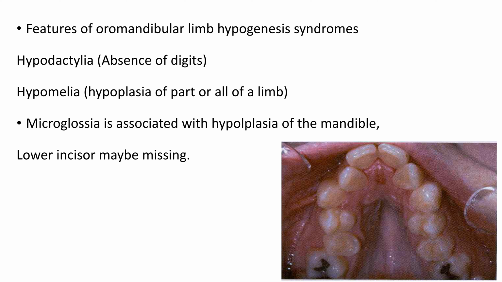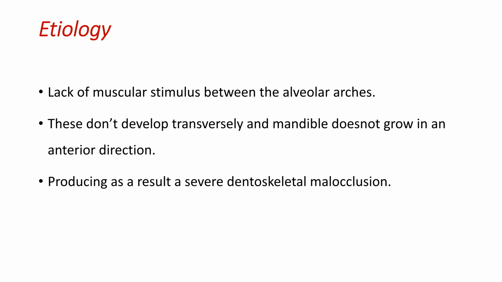Microglossia is associated with hypoplasia of the mandible. The size of the mandible is less and the lower incisors may be missing. In the picture you see a constricted maxilla which is associated with microglossia. So what are the etiological factors, or the causative factors, for microglossia?